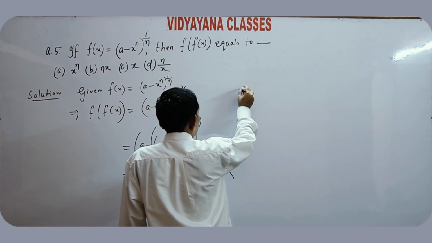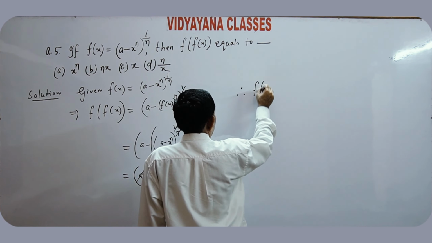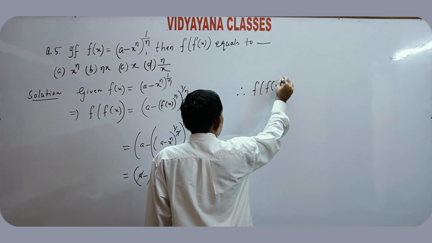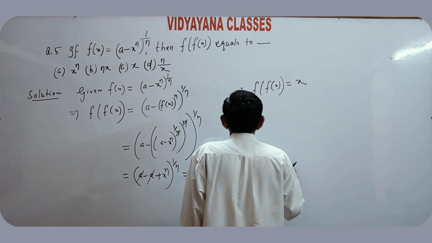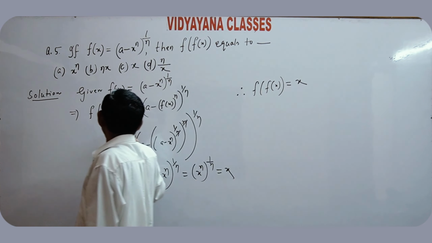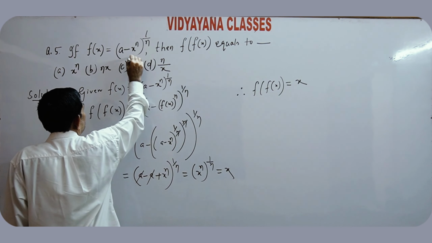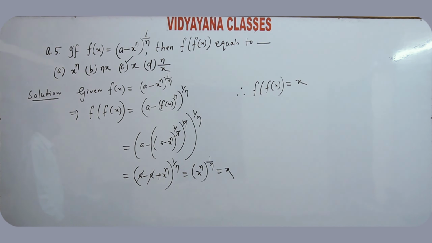Therefore, f of fx is equal to x. So the correct option is C, that is x. Clear? Okay, note down.